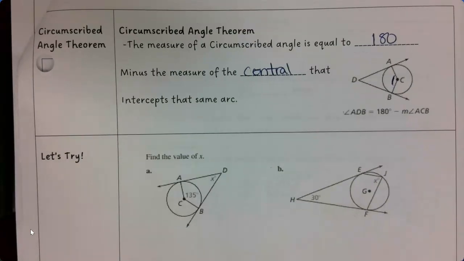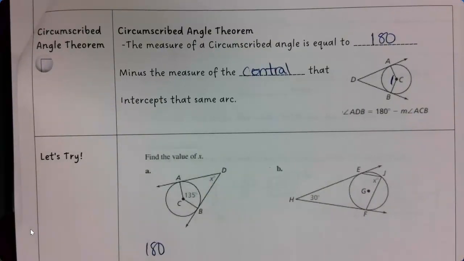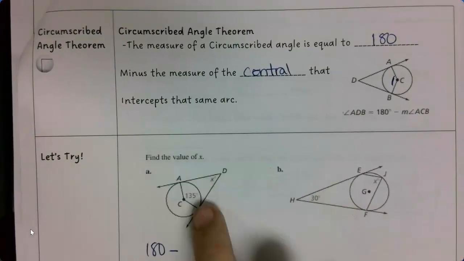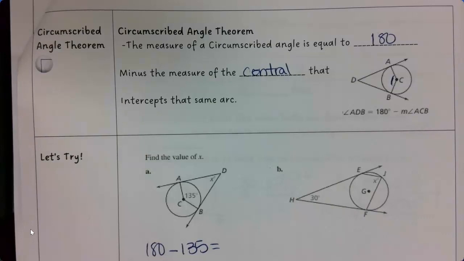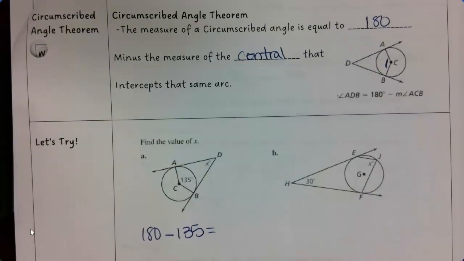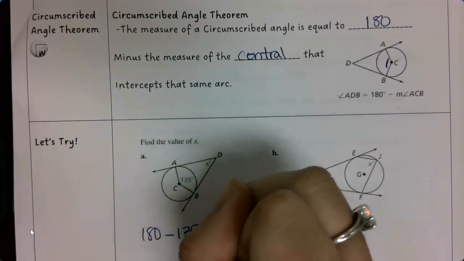So for A, I'm going to take 180, and then I need to subtract the central angle, which is 135. And that gives us 45 degrees.